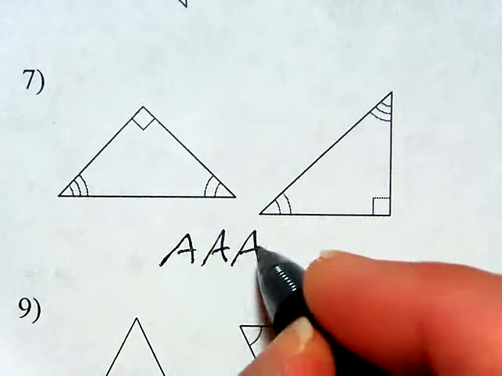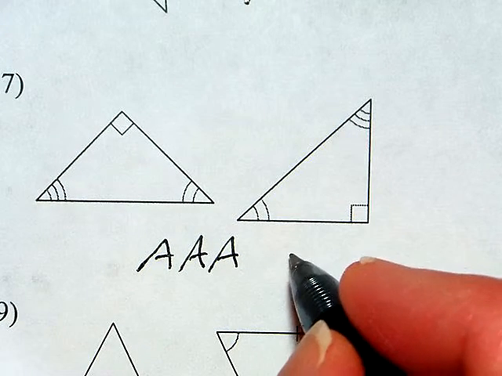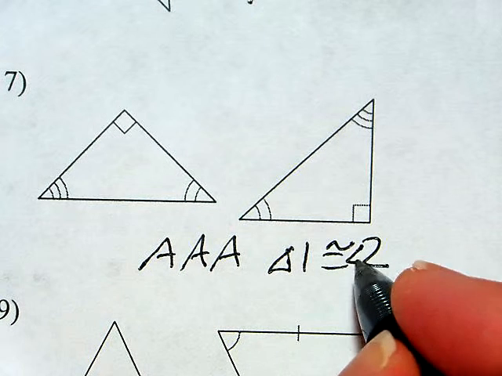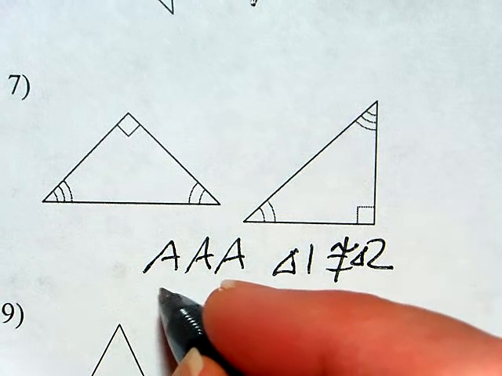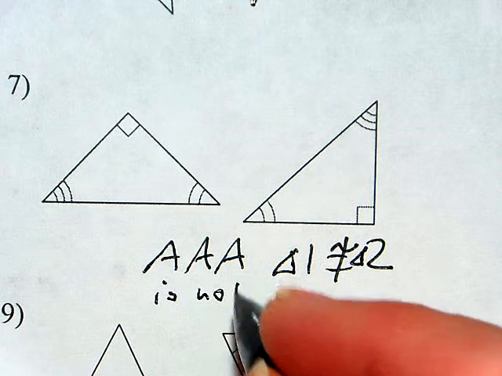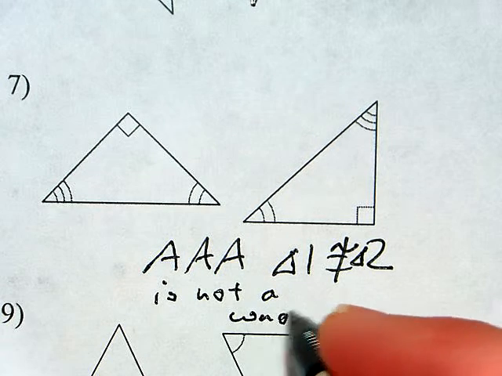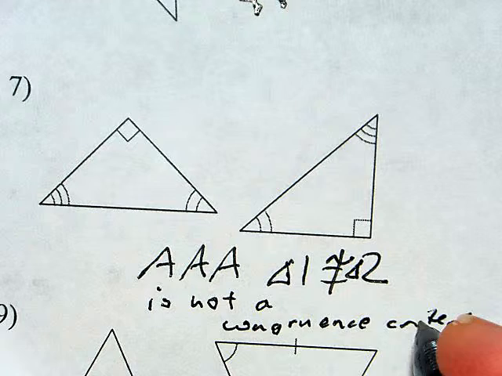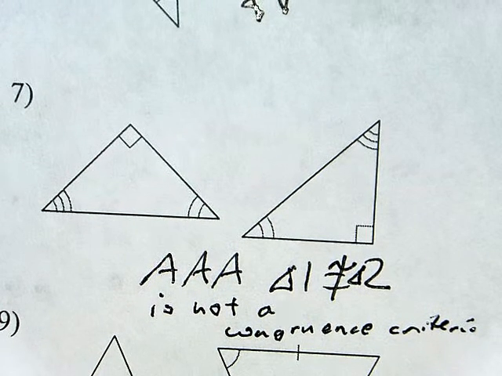So are these two triangles congruent or not? No. Triangle 1 is not congruent to triangle number 2 because angle, angle, angle is not a congruence criteria. So we cannot say that the two triangles are congruent.